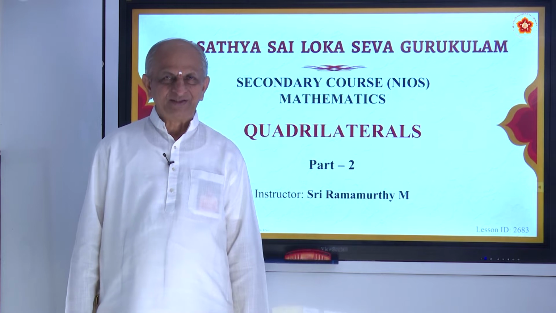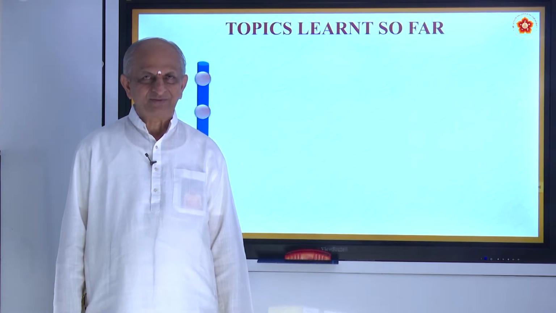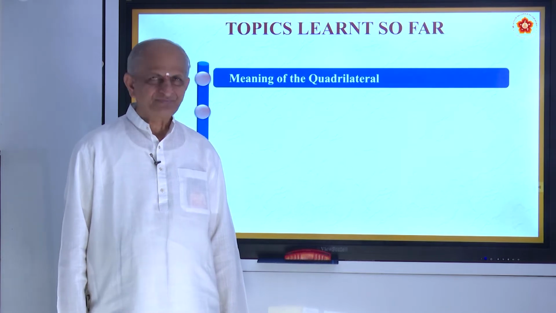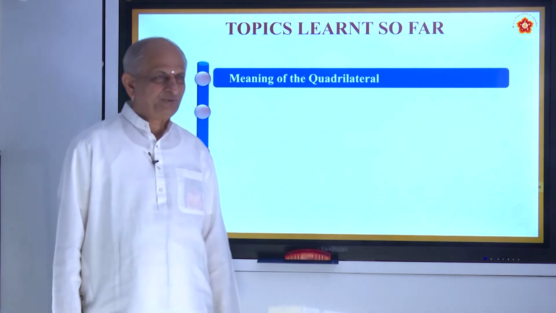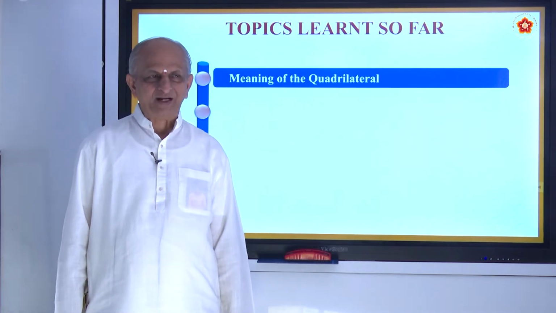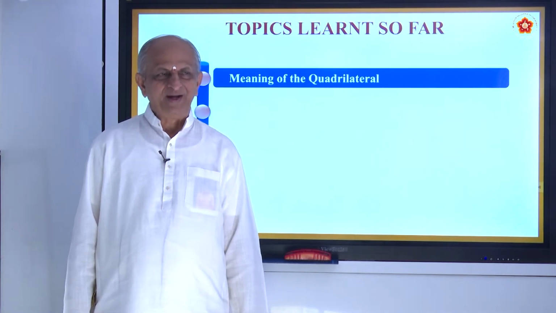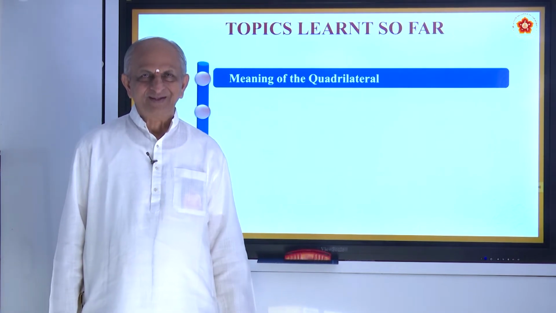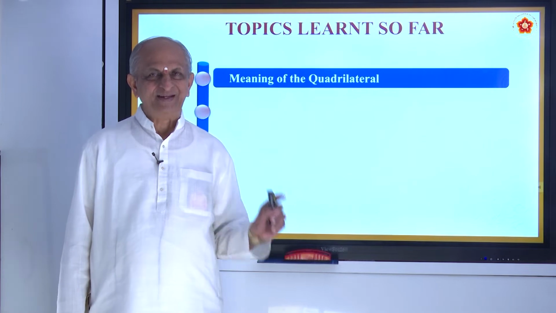We will just recall what we have seen in the previous class. The first one was the meaning of quadrilateral. Quadri means four. Lateral means sides.